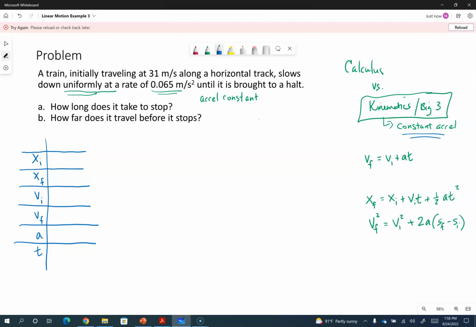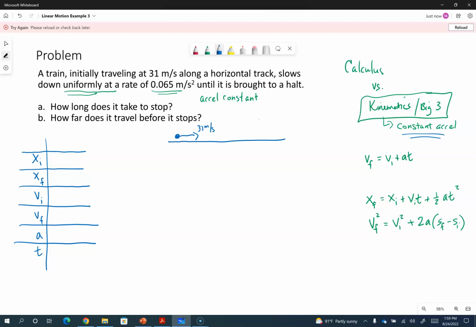Now, another good thing to do is to draw a rough sketch, because remember, when we talk about position, we need to talk about that position relative to an origin. So a rough sketch of what's going on. Here I have a train. I'm just going to draw it as a dot. I'm going to just choose to draw my train moving to the right.